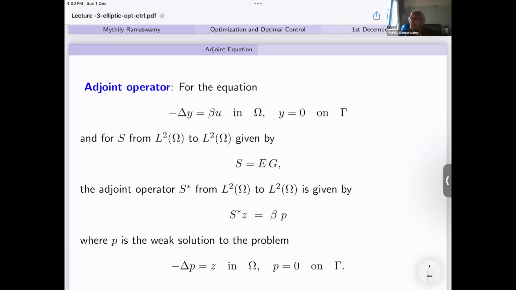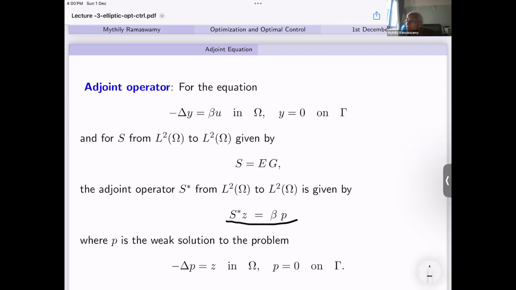So for the equation minus Laplacian of y equal to beta u with y equal to 0 on the boundary, and for S from L2 to L2 given by S equal to Eg, the adjoint operator S star from L2 to L2 is given by S star of Z is beta P, and the beta is whatever is on the right hand side, and P will satisfy the adjoint equation.